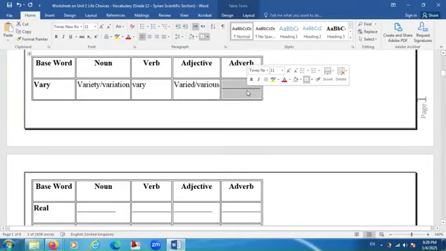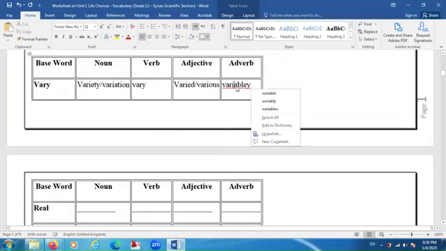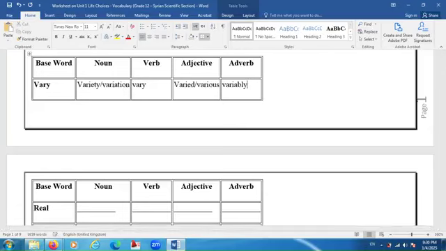And adverb, you can say variably. Okay, variably. Variable, variably. You can say here variable as you wish.